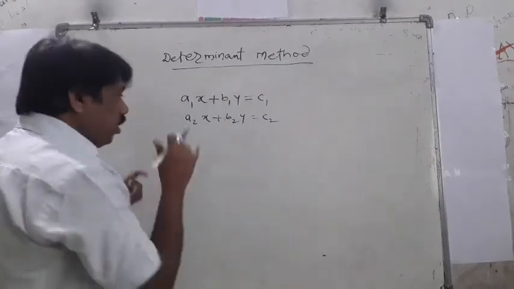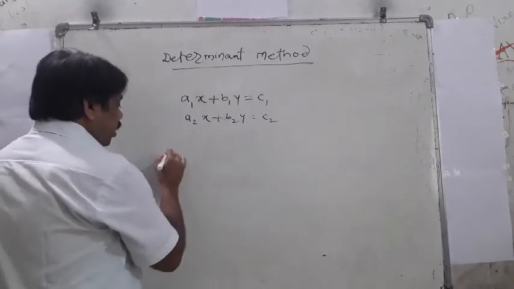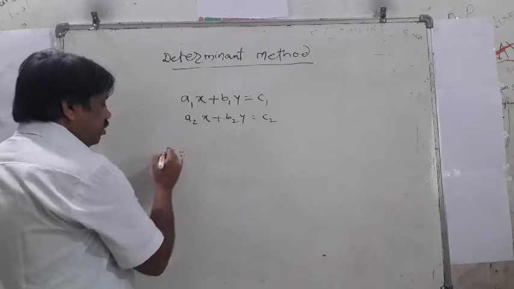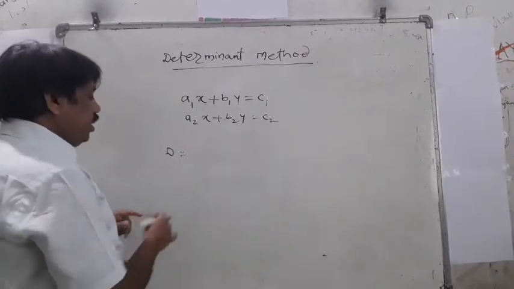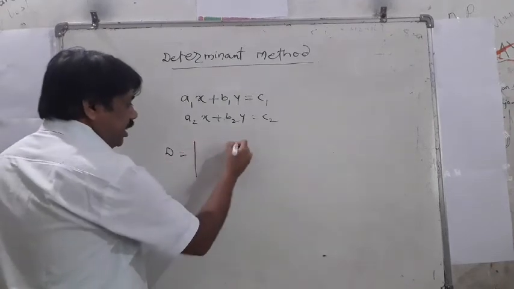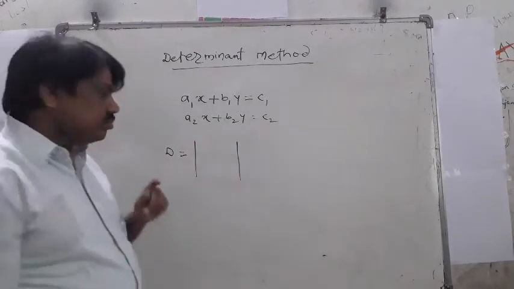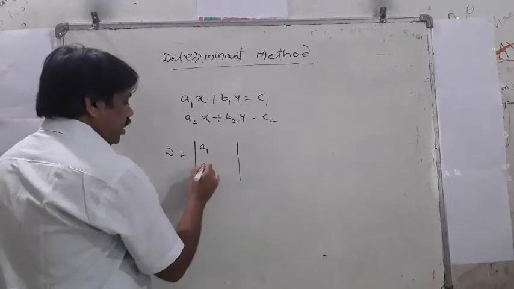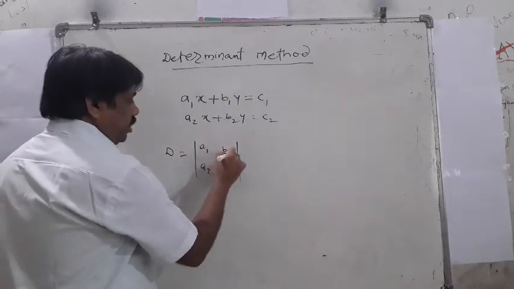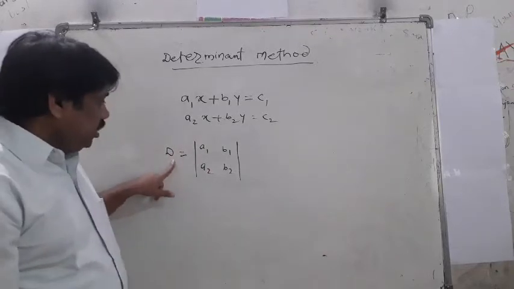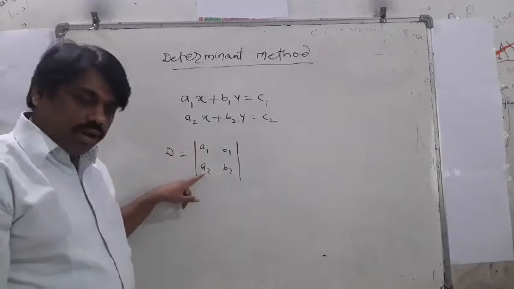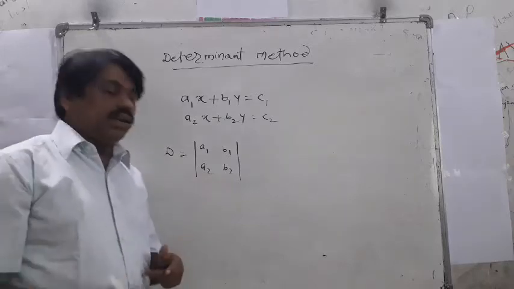Now, first we have to find the value of D, that is the determinant. D is equal to a1, a2 in one column, b1, b2 in another column.